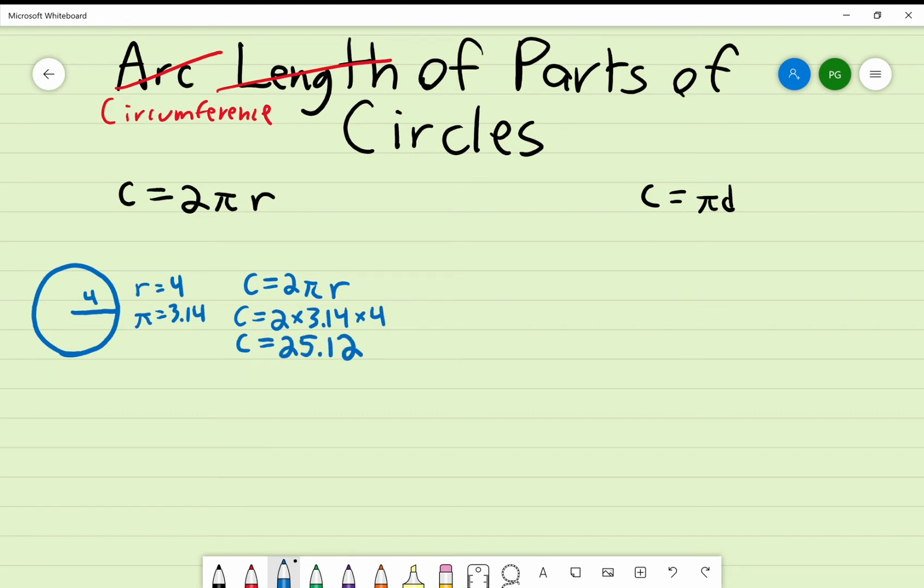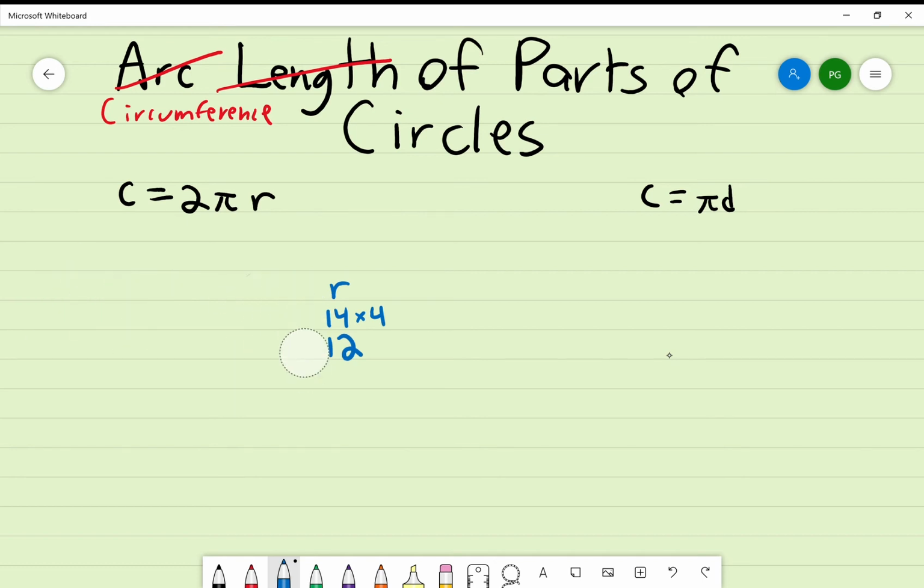Now, if you want to find the circumference for a part of a circle, it's actually pretty easy. There are going to be three different parts of circles, okay? The different parts of a circle that you can have are a quarter, a half, and a 3/4 circle. Super easy.